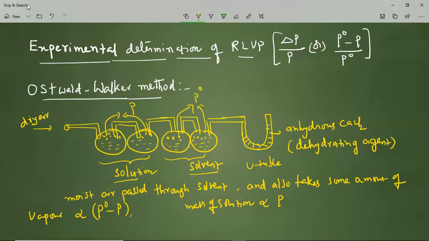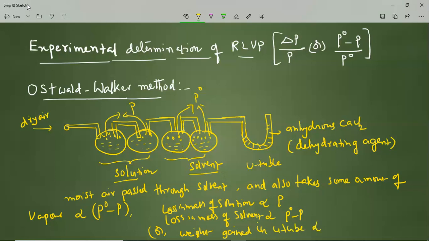The loss in mass of solvent can be noticed in the next two bulbs, the solvent bulbs, which is proportional to P naught minus P. And the weight gained in the U tube will be equal to the total value, that is P naught minus P plus P, which is P naught.